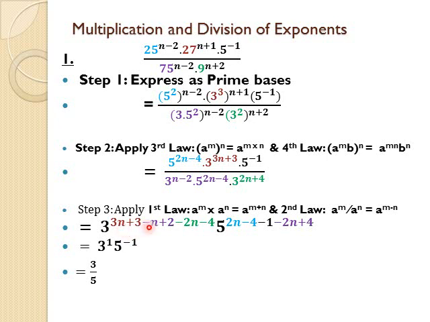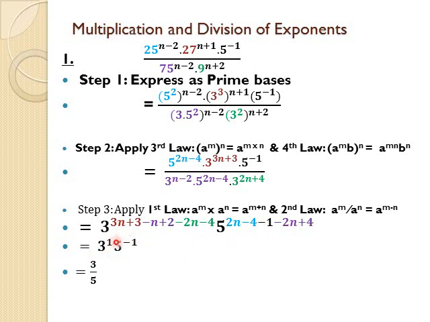So 3n minus n gives me 2n, 2n minus 2n, all the n's cancel. 3 plus 2 gives me 5, 5 minus the 4 gives me 1. There 2n minus 2n, the variables again cancel. Minus 4 minus 1 gives me negative 5. Negative 5 plus 4 gives me negative 1.